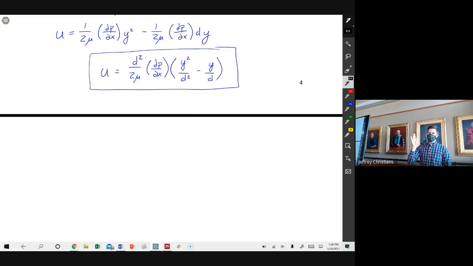What we did is calculate the velocity profile. What we can do from that, though, is calculate other things that we might want to know about the fluid. If we wanted to know, say, what's the maximum velocity, or what's the flow rate, we can use this equation that we just derived to figure out what those things are.